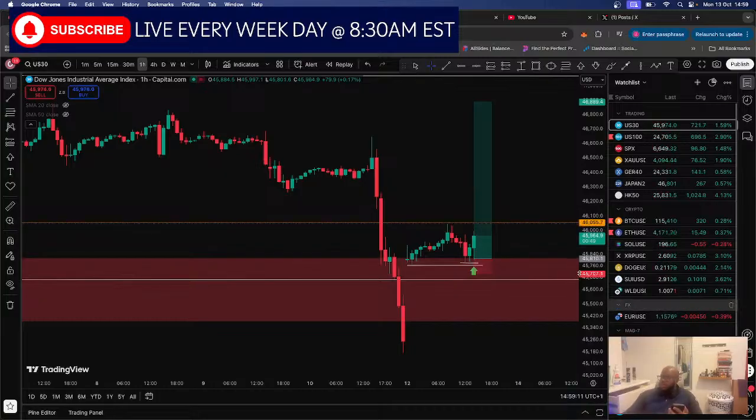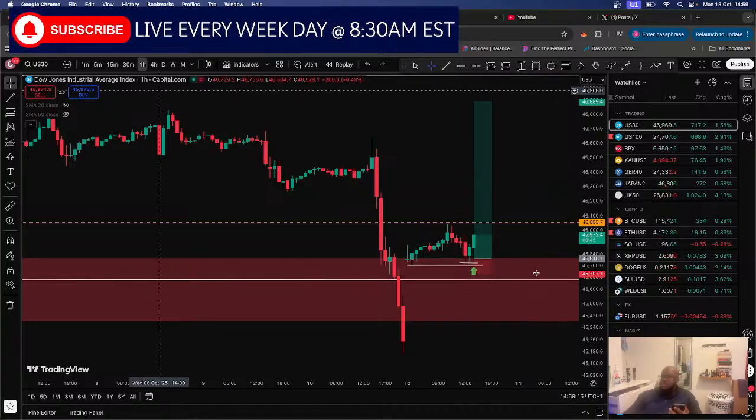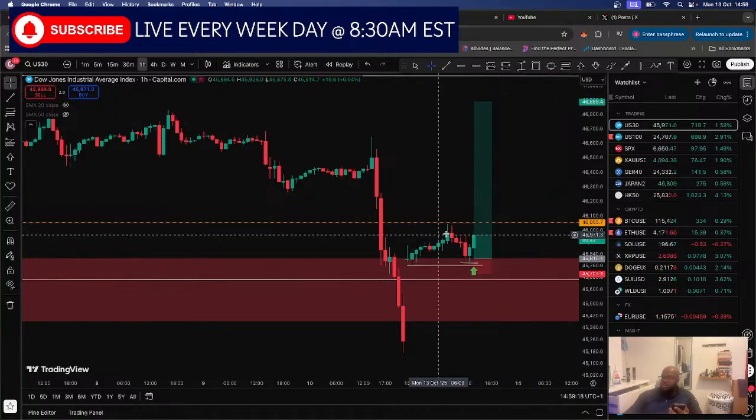Alright, getting a push in this last 45 seconds. Let's see if we can get a close above here. Off you go. Keep pushing in the last 20 seconds.